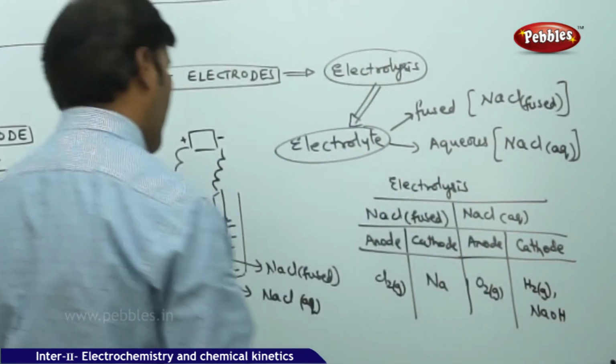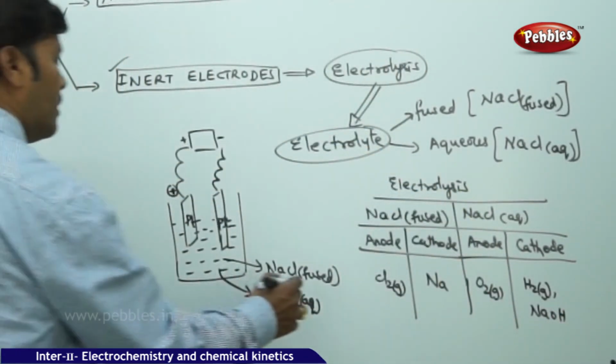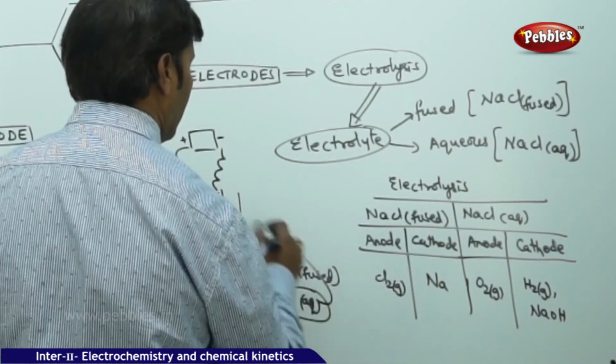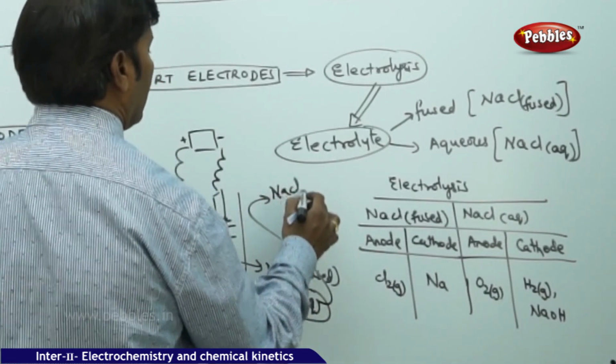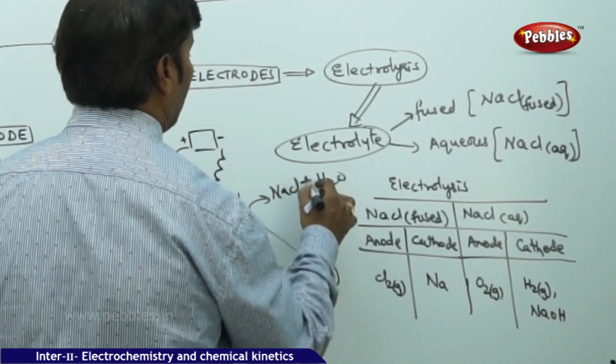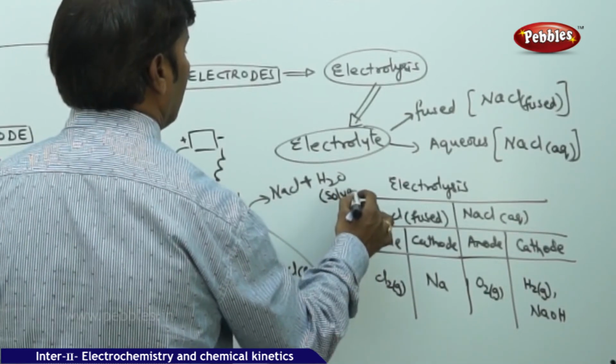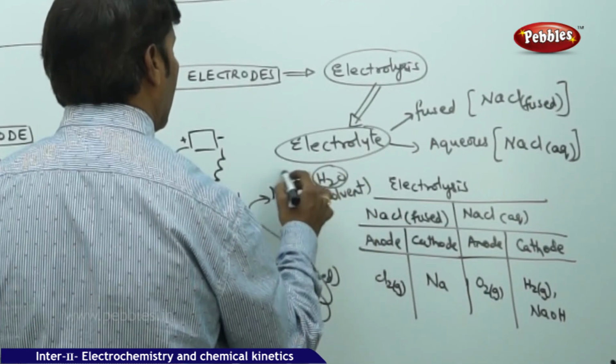Why? What is the reason? Because in aqueous NaCl, we have NaCl mixed with water. Water is acting as a solvent here. So even water will get ionized and NaCl will get ionized.